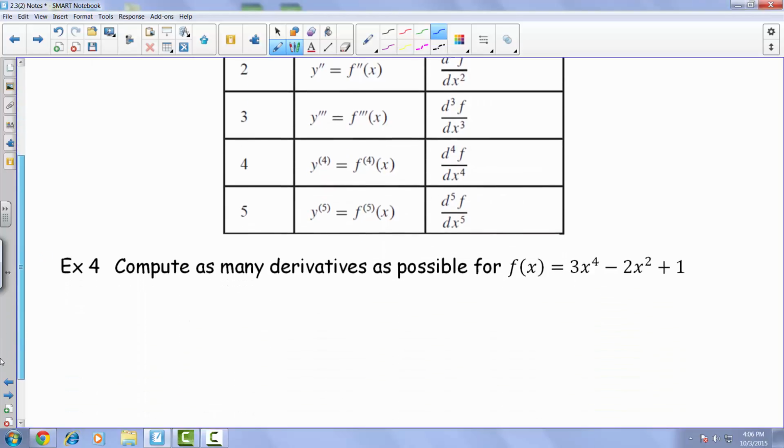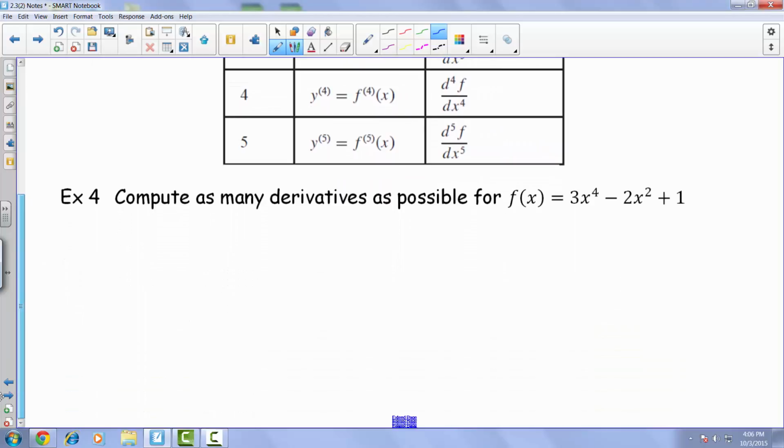Now, for example 4, when we're trying to compute as many derivatives as possible, we go ahead and first take the first derivative. So f prime of x comes out to be, using that power rule, we're going to take that 4 and throw it in front.